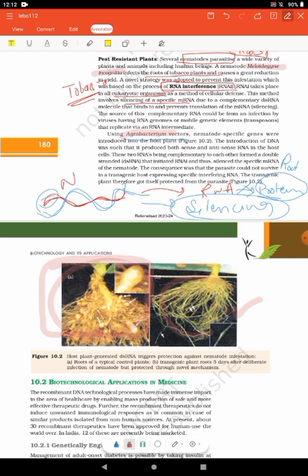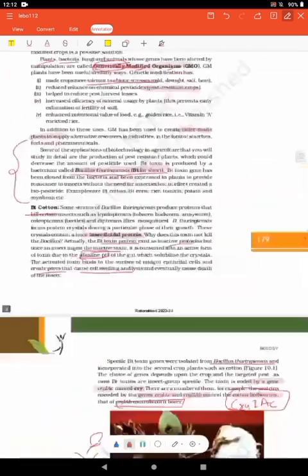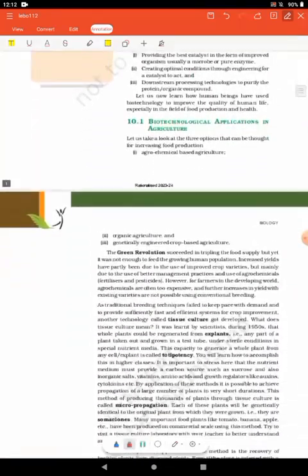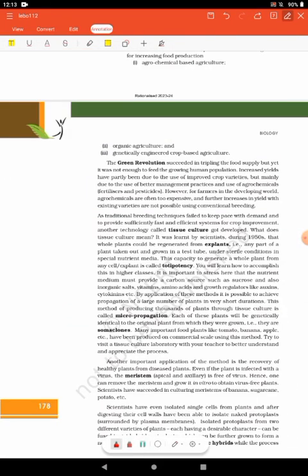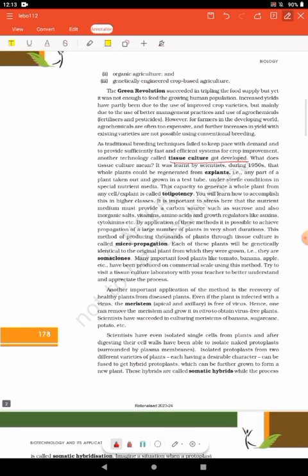So these are the different applications of biotechnology in agriculture. We can quickly see them once again. Tissue culture is one application. Another is micropropagation.